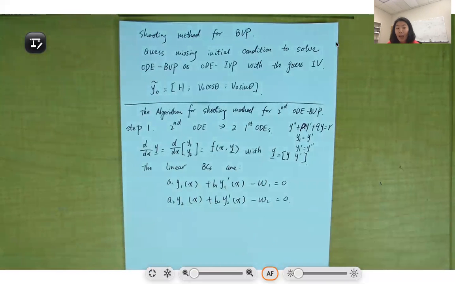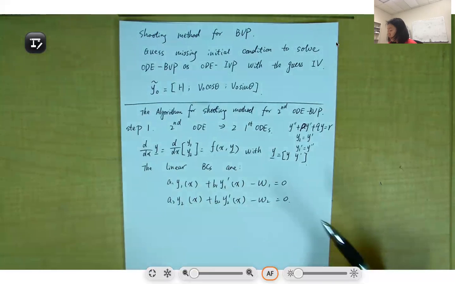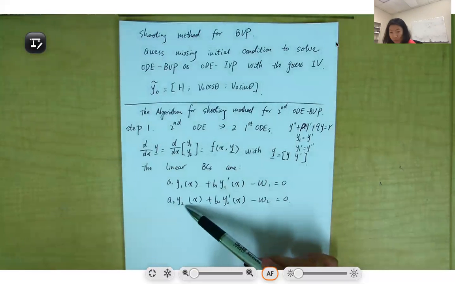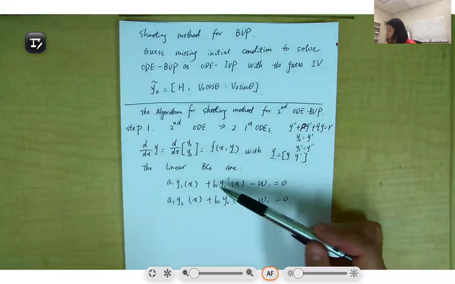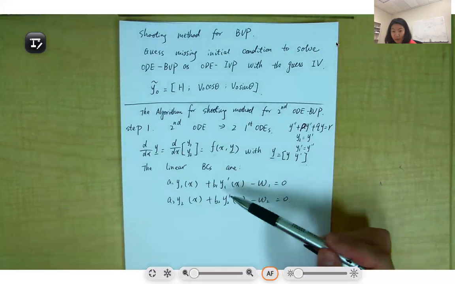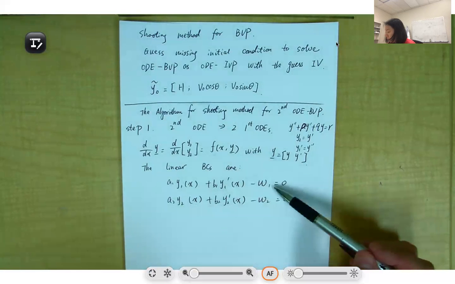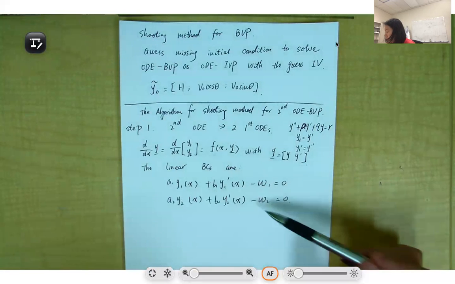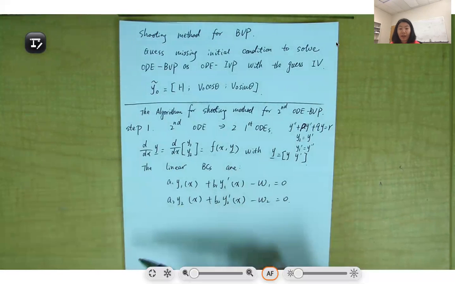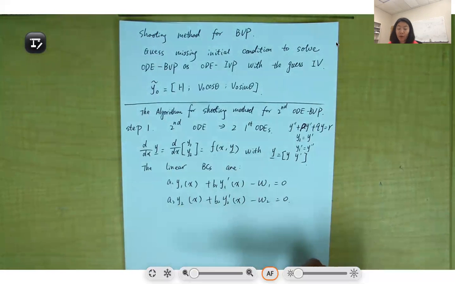For example, if the only conditions are on y1 and y2, then the b1 and b2 terms will be 0, and y1 and y2 will equal w1 divided by a1 and w2 divided by a2. That is the value we are given from the boundary value conditions.